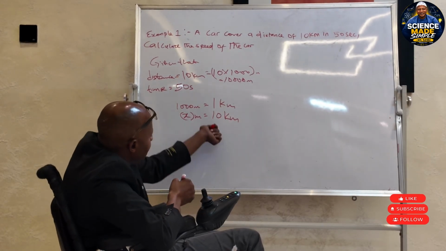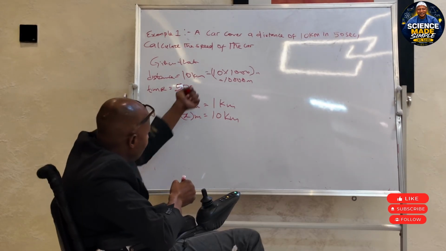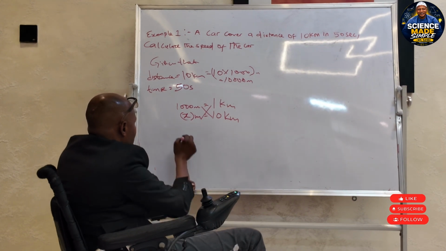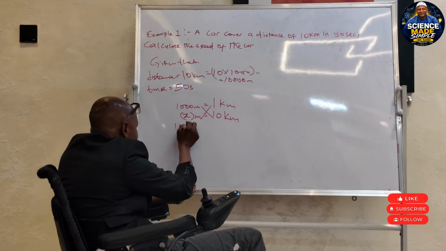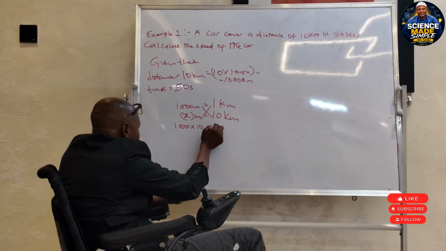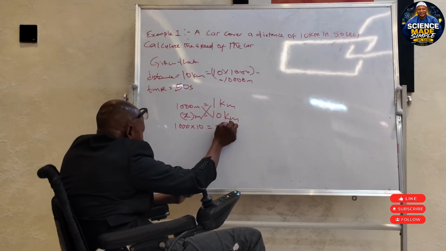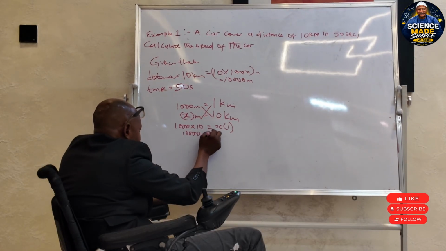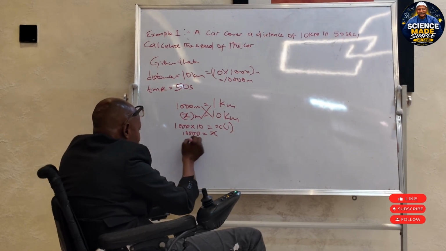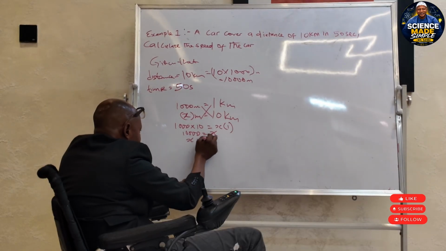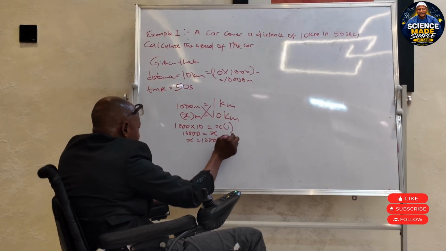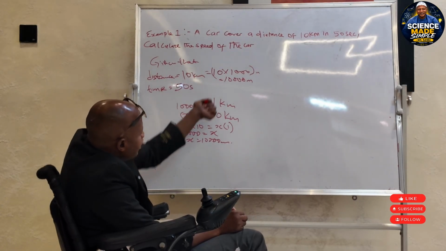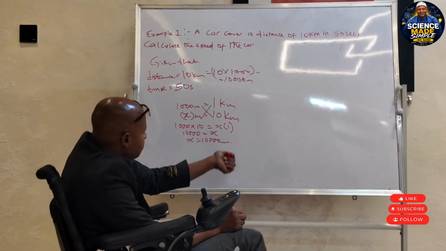Now we want to calculate the S in meter for 10 kilometer. We cross multiply like this. This gives us 1000 times 10 is equal to S times 1, that is 10,000 is equal to S meter. So our 10 kilometer is equal to 10,000 meter.